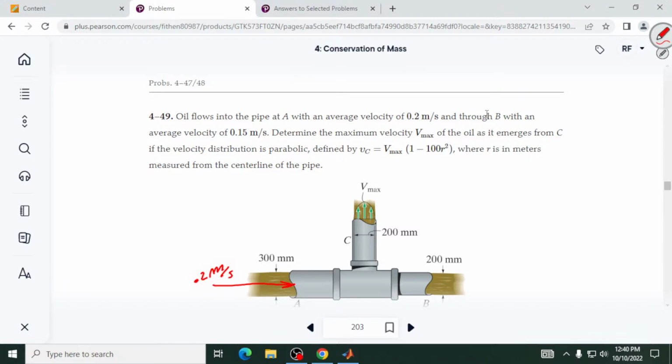And through B. Does that through mean it's not in? I think it's coming out of. Yeah, I would interpret that as being out. Determine the maximum velocity at the top of the oil as it emerges from C if the velocity distribution is parabolic, where r is in mu.